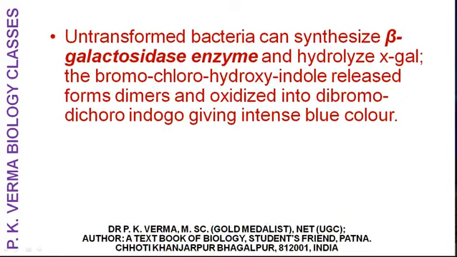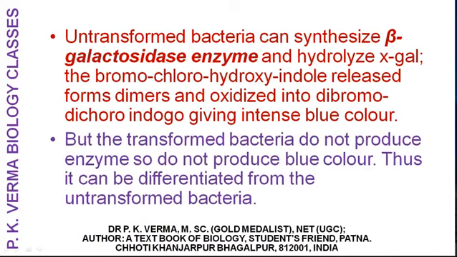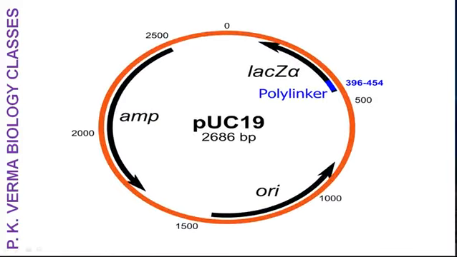It turns blue by formation of dimer and the color is intense blue just like indigo. So the non-transformed bacteria gives intense blue color, whereas the transformed bacteria does not give this color. And in this way, the transformed and non-transformed bacteria are differentiated.